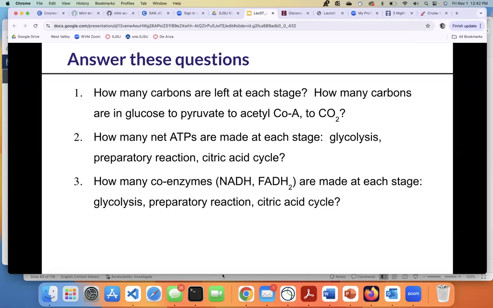We're going to take the glucose and break it down into 2 3-carbon molecules. So I meant to say that we still have 6 carbon total, but the 6 carbon is going to go to 2 3-carbon. So now we have the pyruvate, which is a 3-carbon molecule.